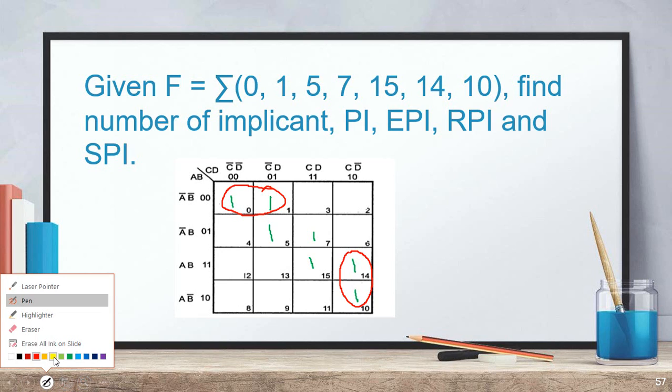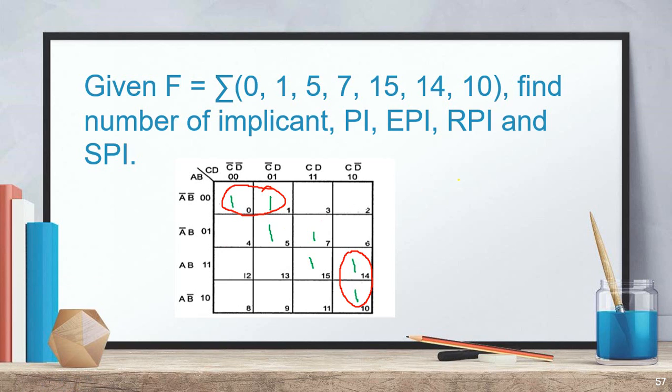For the other implicants, something like selective, I can select a combination like this. See, I can take the combination 15 14 on one side and one more, 5 7. This is one possibility we can do. If you do it like this, these two are called a selective option.